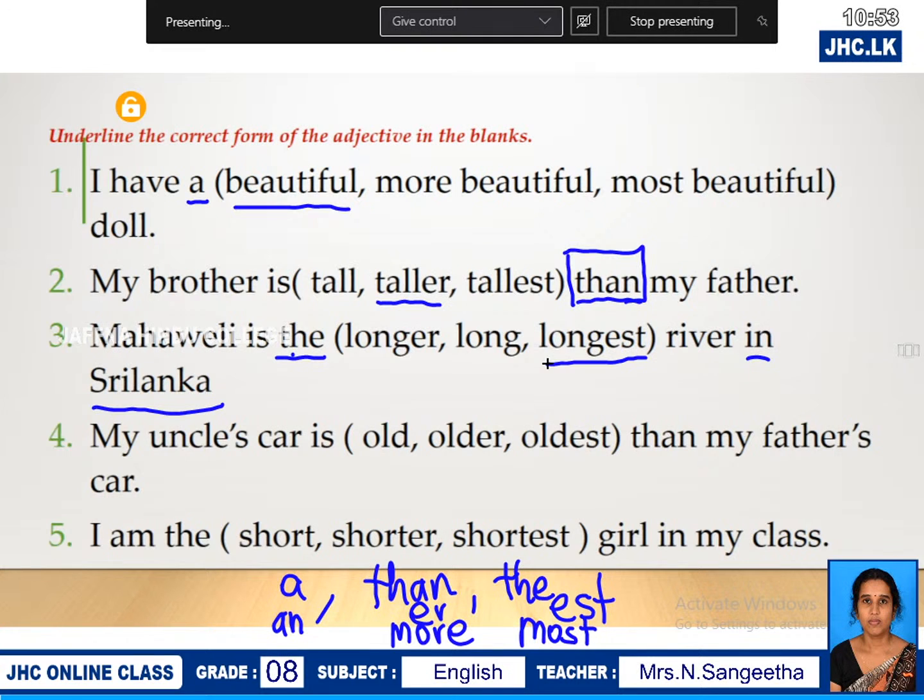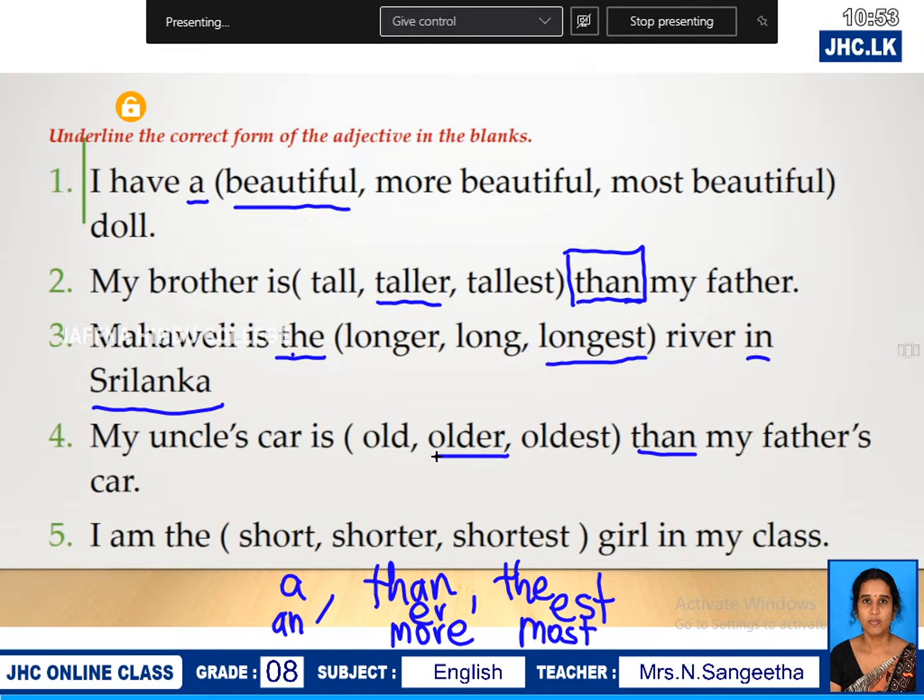And the fourth one, my uncle's car is dash than my father's car. Here also we are comparing two, uncle's car and father's car. We should use than and the comparative form. Older than.